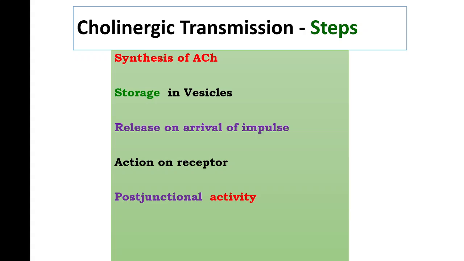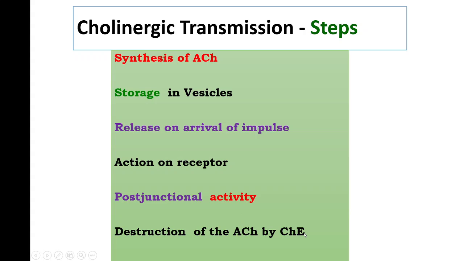So that is the post-junctional activity. Now to terminate that activity there will be rapid action by the choline esterase enzyme. The termination of action is due to the activity of choline esterase enzyme, which rapidly destroys acetylcholine. In the sympathetic system there was uptake of noradrenaline. Here there is destruction of acetylcholine by choline esterase enzyme.